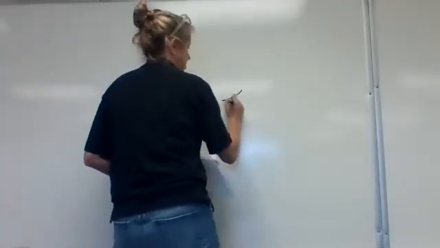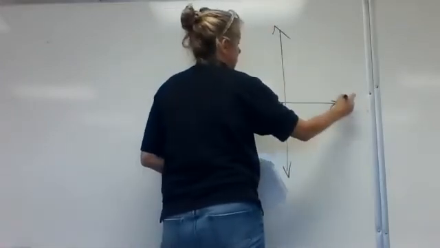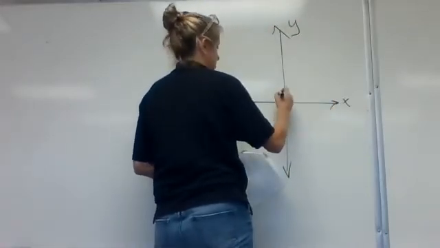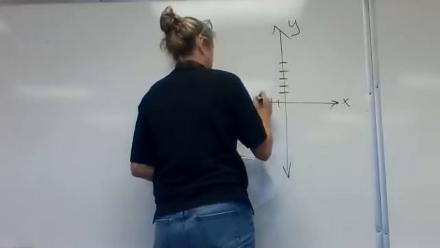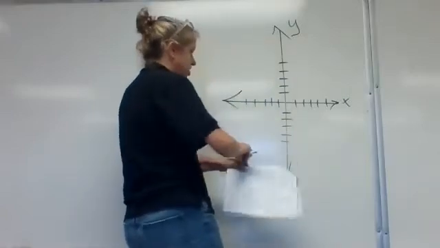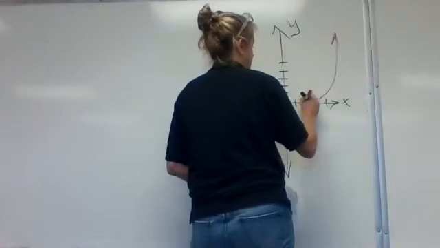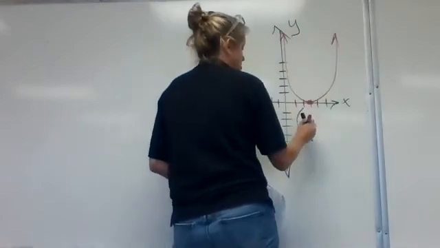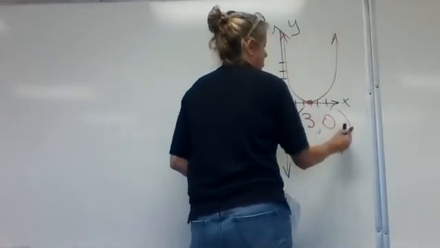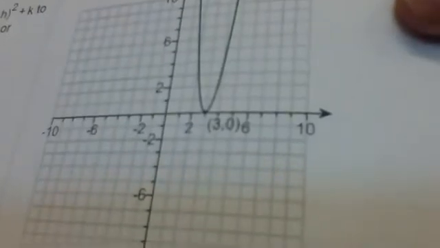All right, it shows us this graph. It actually even says, here's your parabola, here's its vertex, and it tells you the vertex is at 3, 0. It gives you all of that information in the picture of the graph.